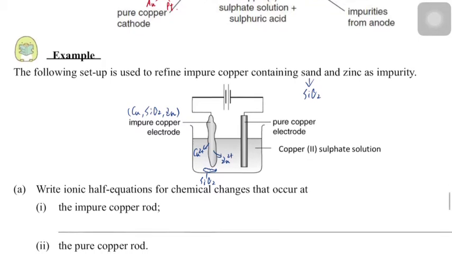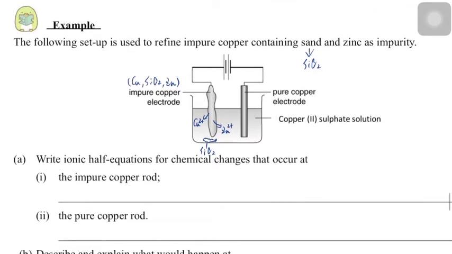Okay, so we can write that down. So for A1, the reaction that's going to happen at the impure copper rod is that the zinc metal would lose electron and become zinc ion.